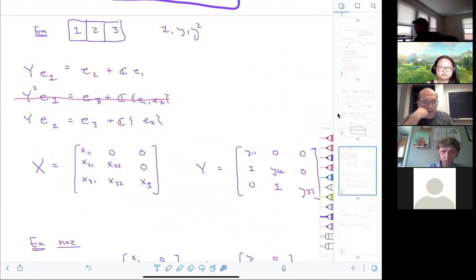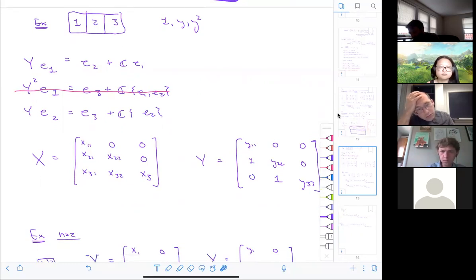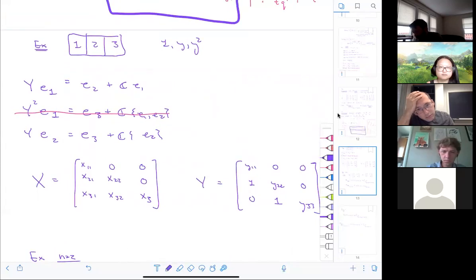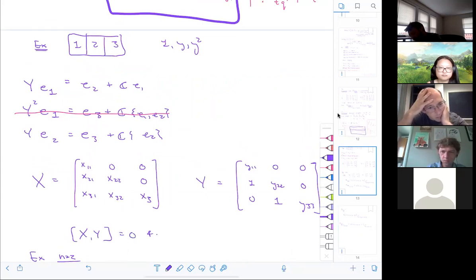So this tells you that the entries of y, the first column looks like this, the second column looks like this. For X, there are no conditions on the entries of x. And the relation that these two commute forces a number of relations.